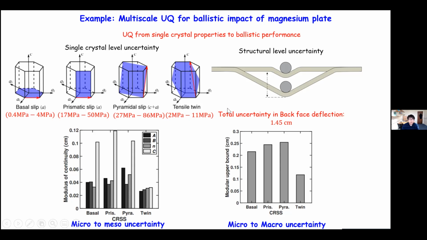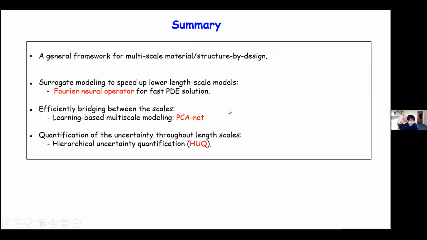And this brings me to the summary of today's talk. What we found is that there emerged a general framework for multi-scale material and structure by design. And within this framework, we've looked at circuit modeling to speed up low-length scale models.